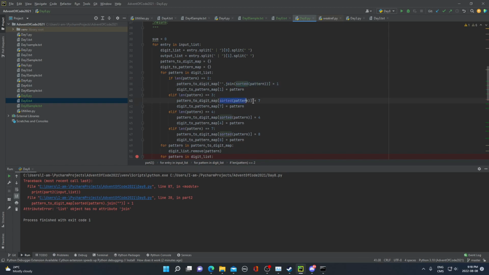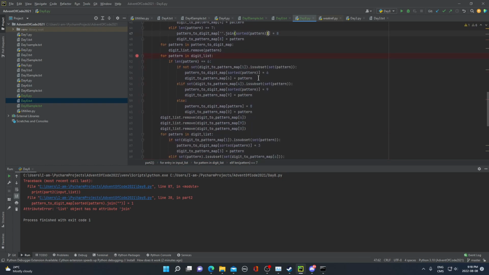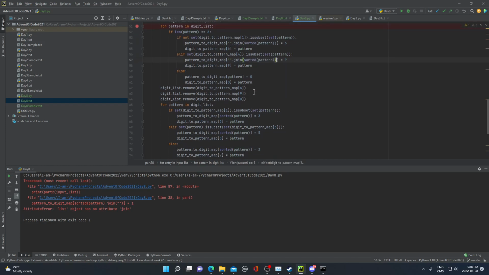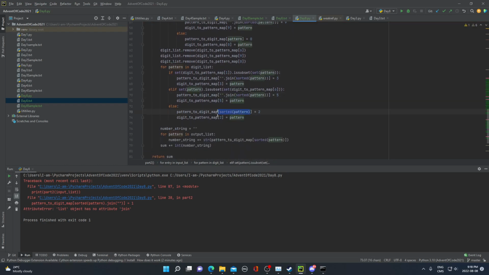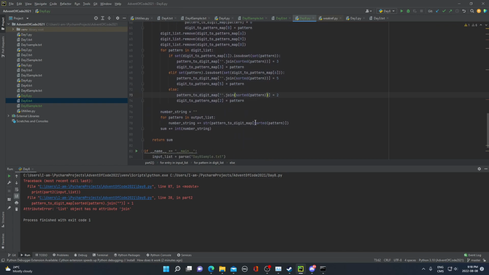This is what we need. So just sort it right there. Do the same over here. Should work.